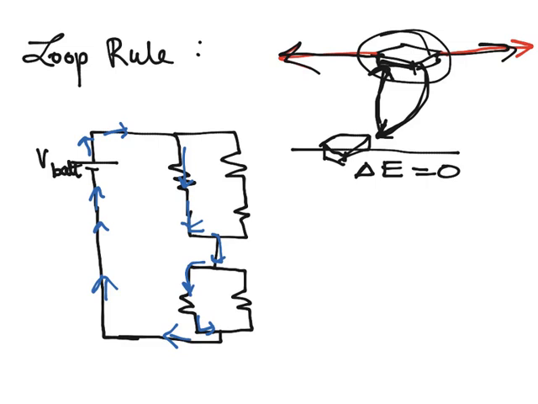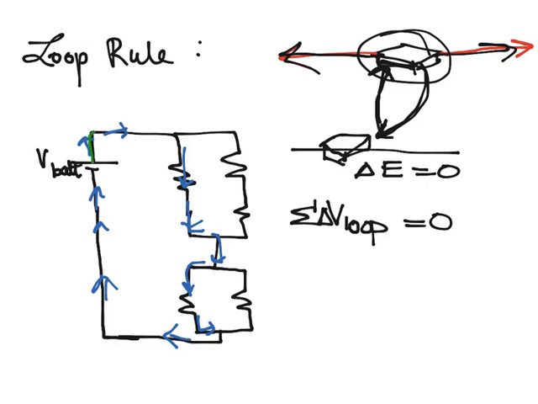Okay, so Kirchhoff's loop rule is just a conservation of energy, and all it says is that if you add up the voltage around a whole closed loop, you should get zero. Or you add up the change in voltage around a closed loop, again, you should get zero. Okay. And that should be true no matter what loop you go around.